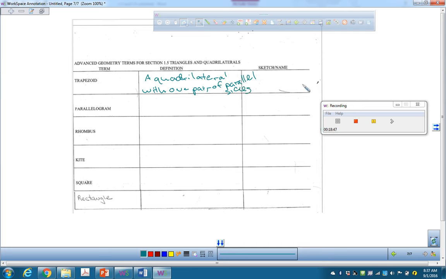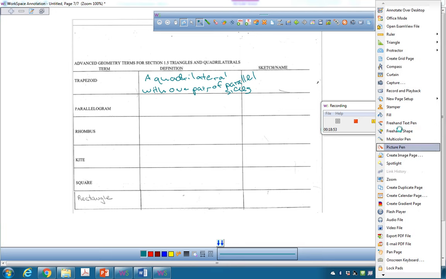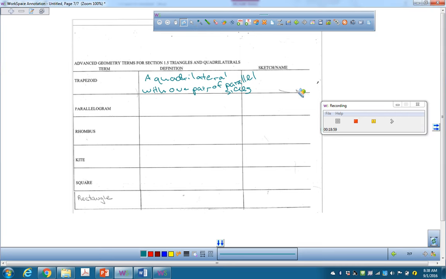And if you're going to sketch one, you're going to have to use freehand shape. Is that going to make one? Kind of. Oh look at that, it worked.